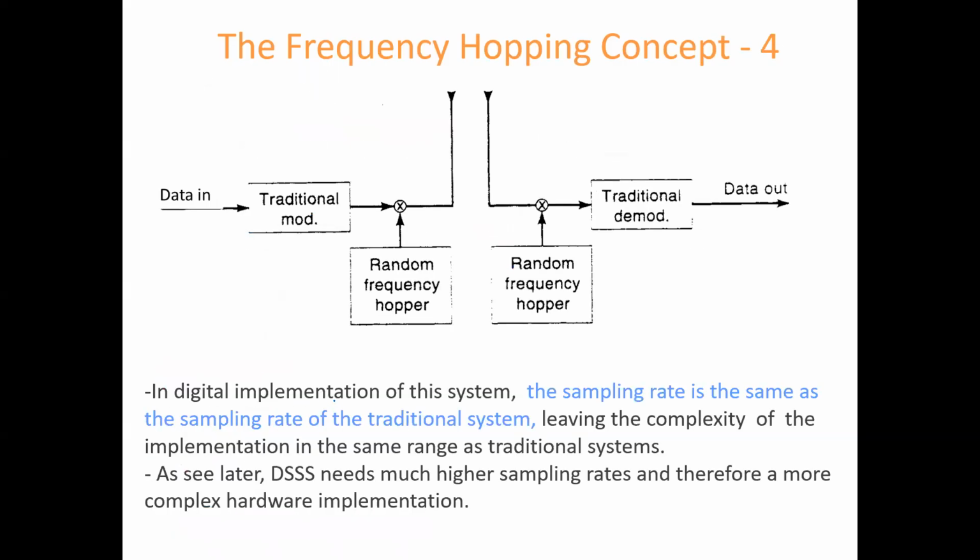It mentioned here that in digital implementation, the sampling rate, you remember this one? The sampling rate is the same as the sampling rate of the traditional system. In what context do we use sampling rate? You remember sampling, right? You have an analog signal and you want to detect just some points at each time, right?